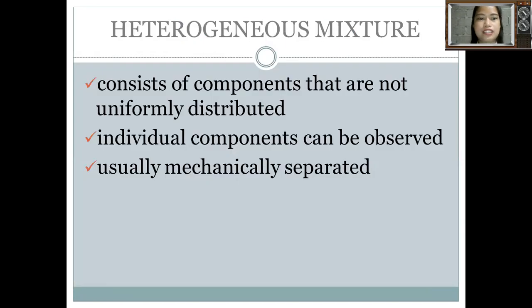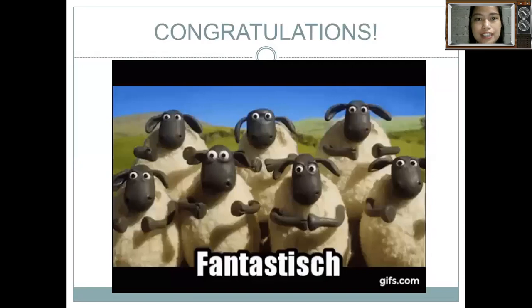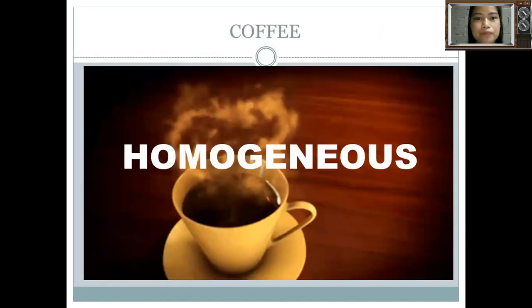these are the points to remember in order for you to identify a heterogeneous mixture. It consists of components that are not uniformly distributed. Individual components can be observed and usually mechanically separated. Let's take a look at the heterogeneous example picture here.